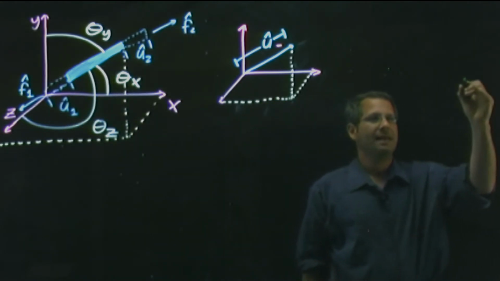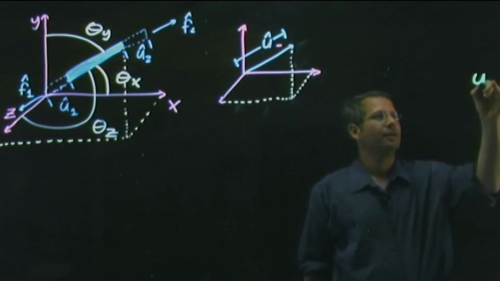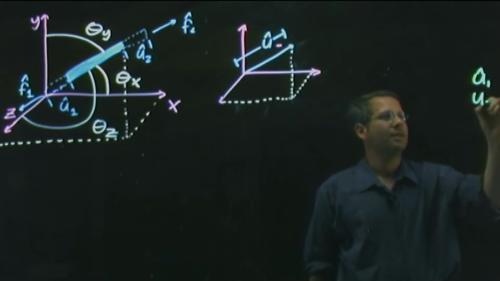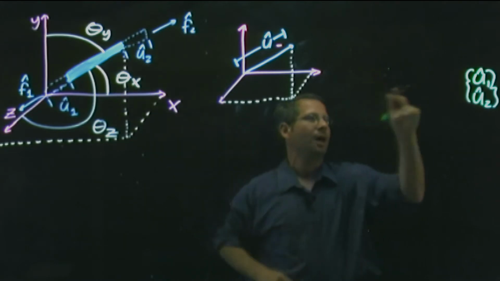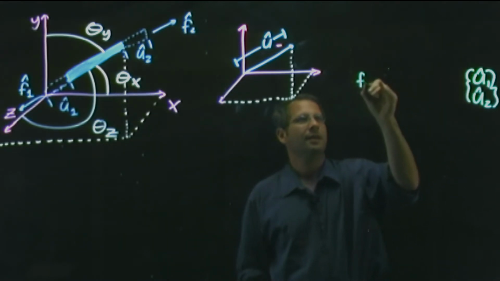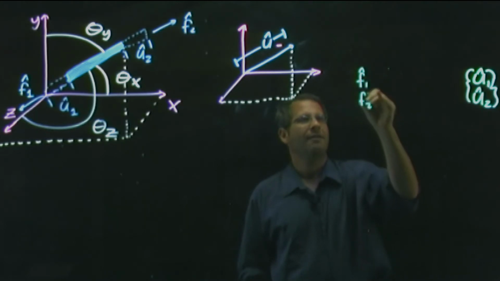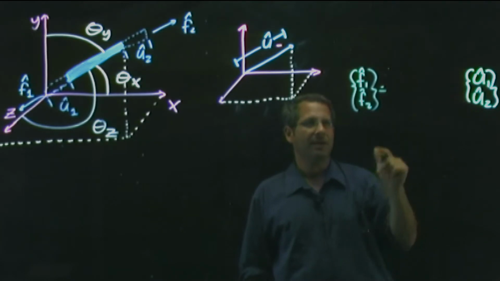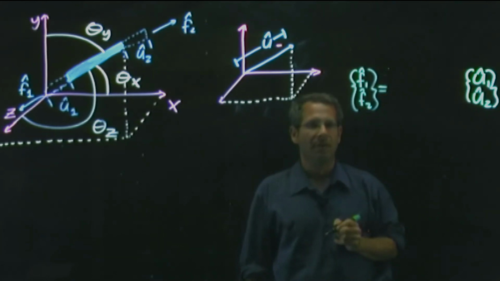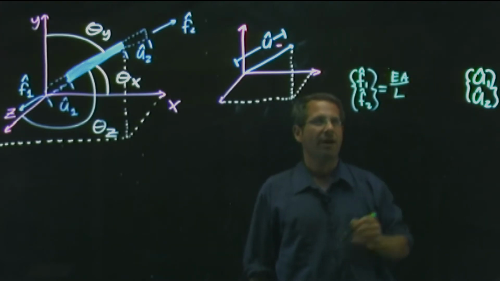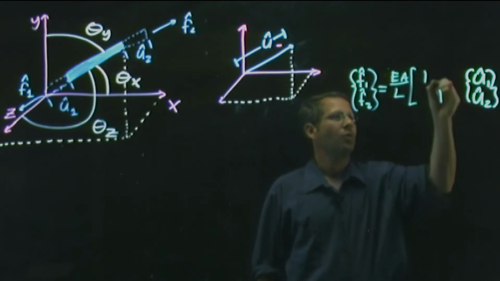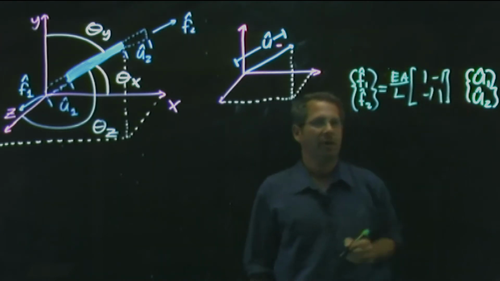So what I'm saying is if I have u hat 1 and u hat 2, and I want to know what forces f1 hat and f2 hat cause these displacements, then I'll multiply by a matrix, and that's our local stiffness matrix in the local coordinate system. We already derived it. It's the scalar constant EA over L times the matrix 1, negative 1, negative 1, 1. And of course, it's 1-dimensional.